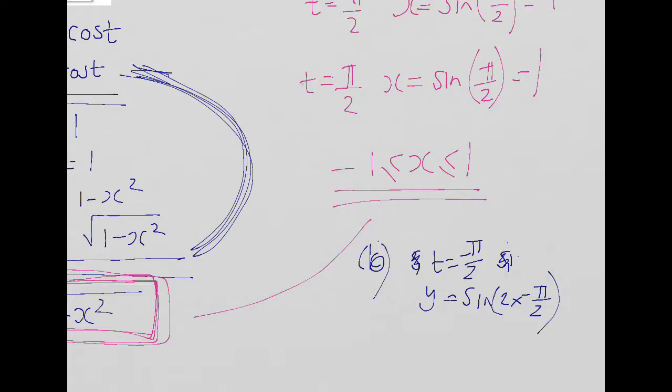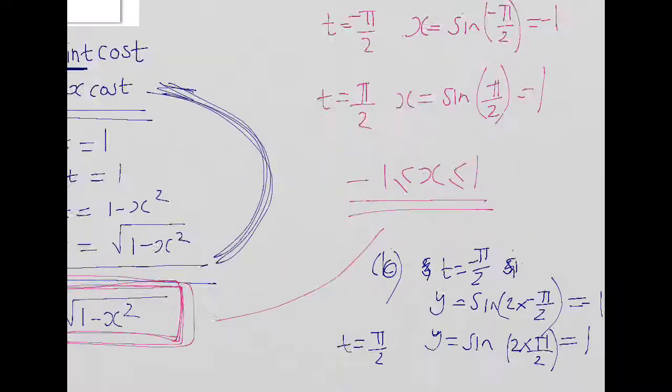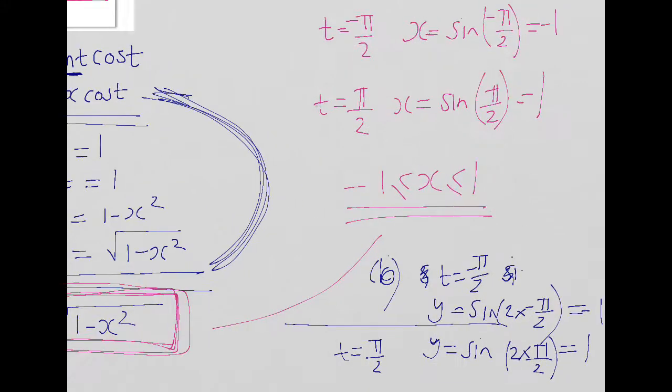So when you put that value in, that would be negative 1. And when you've got t equals pi over 2, again you've got to multiply it by 2 because it's 2t, which is 1.